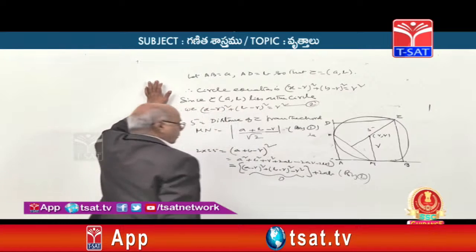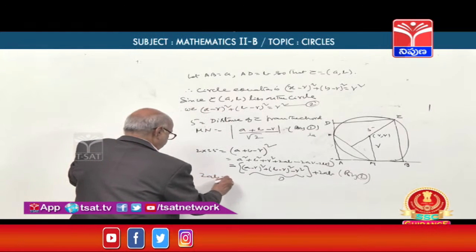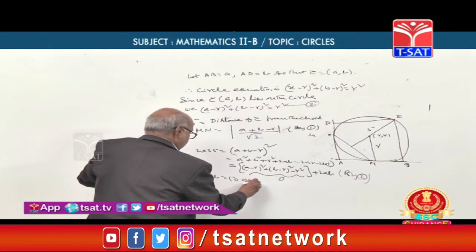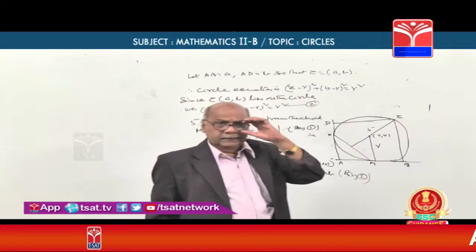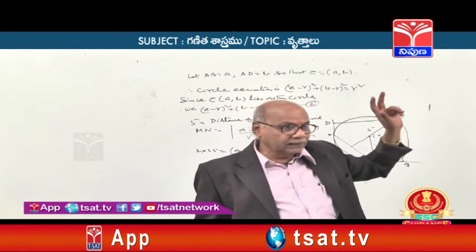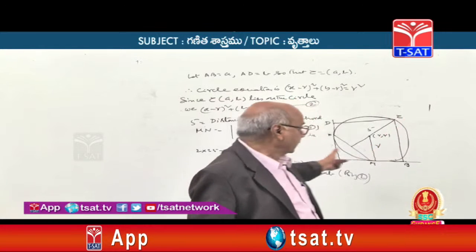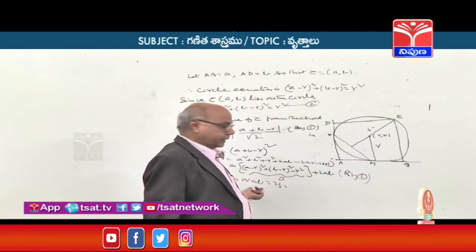So, therefore, what you get is 2ab is equal to 50, or ab is equal to 25.